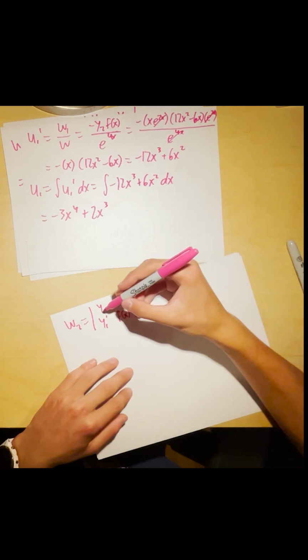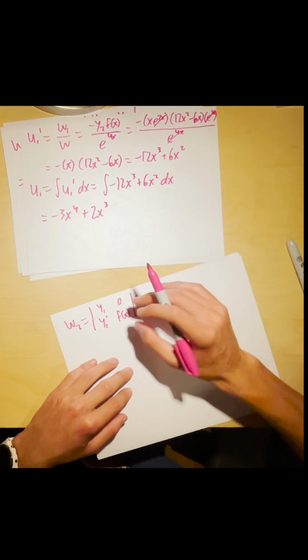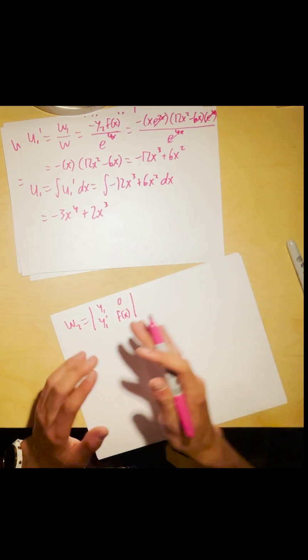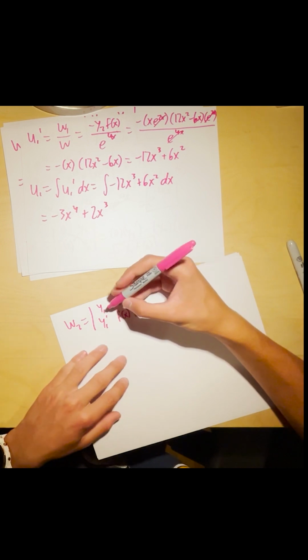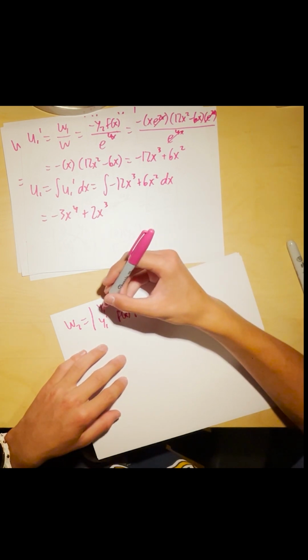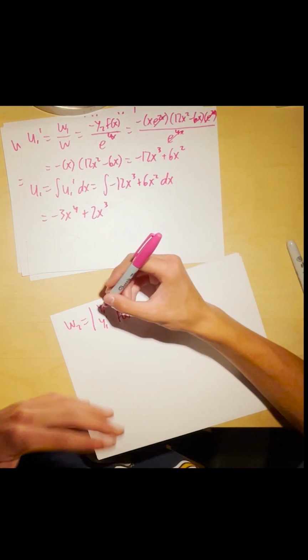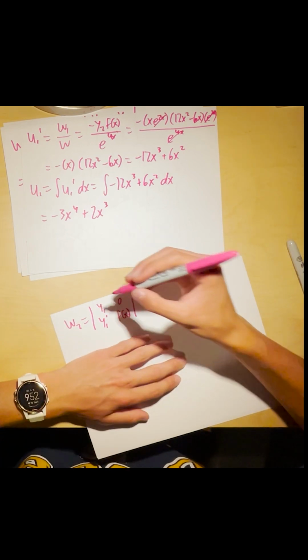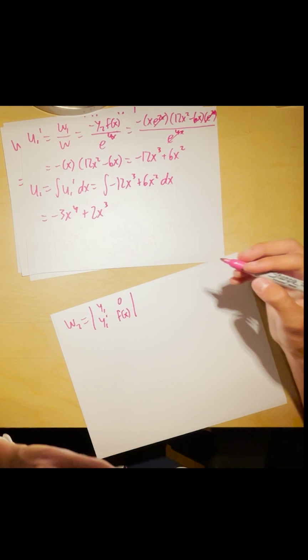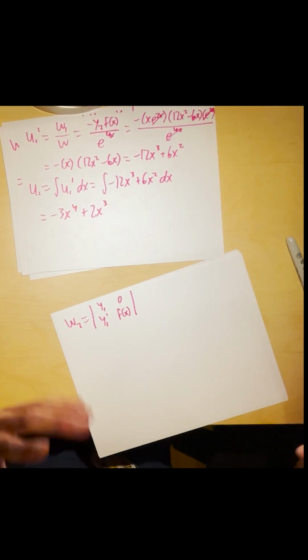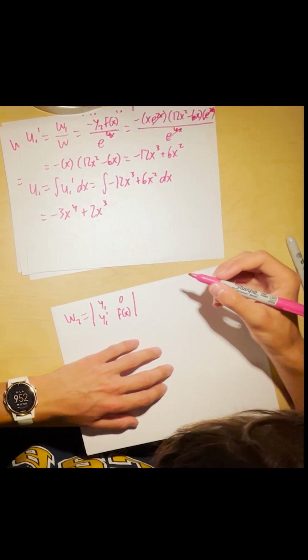You move the 0 and the f of x part over one column. You can think of it like that from W1, and you leave the ones that would be there in the normal Wronskian. So yeah, the first column has the y1 and the y1 prime. And this can expand to more dimensions, which we'll see later in another video.